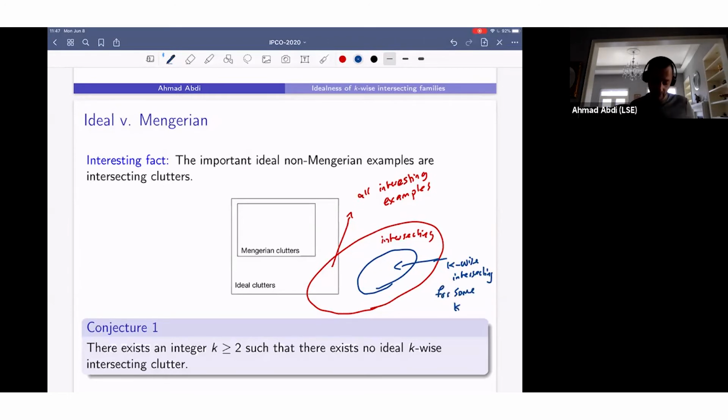All right, so there is an integer k such that there exists no ideal k-wise intersecting clutter. Again, this conjecture tries to address the gap between idealness and Mengerian. And this is one motivation for our conjecture.